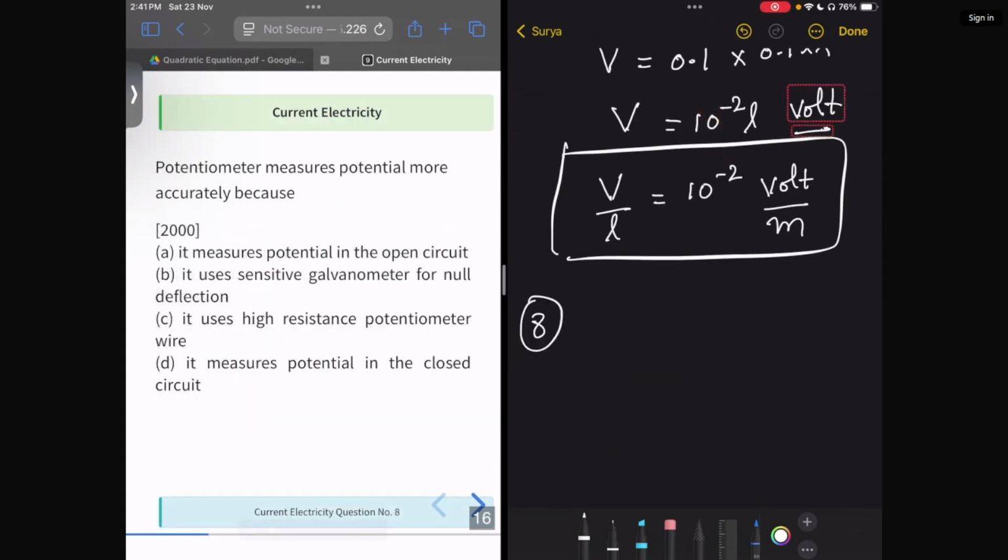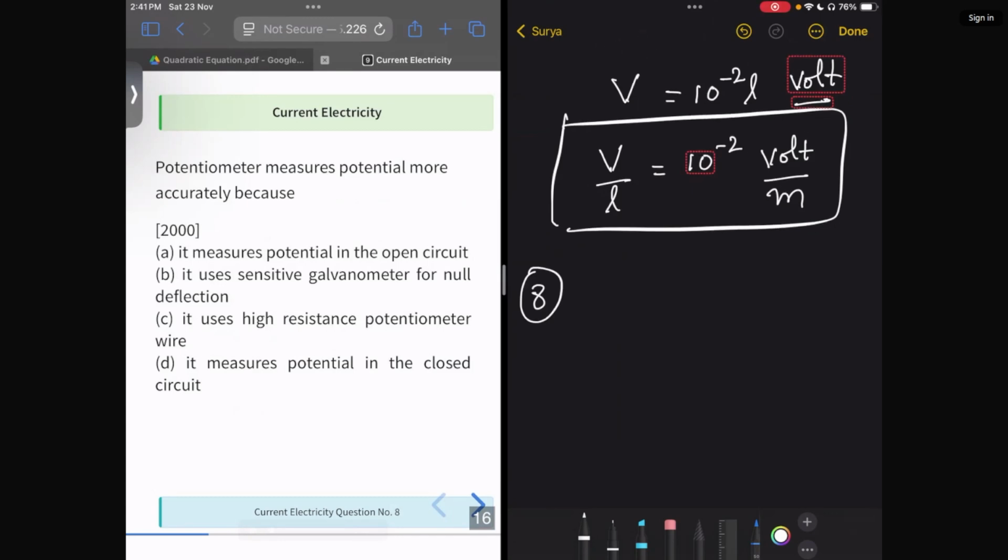Eighth question. The potentiometer measures the potential more accurately because? Why is the potentiometer more accurate than a voltmeter? Primarily because it does not draw current from the circuit being measured.